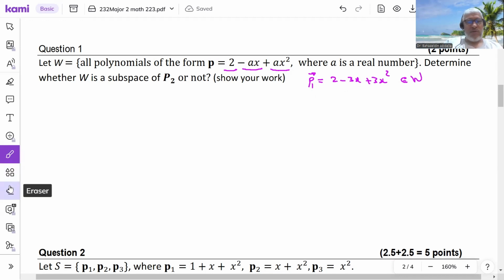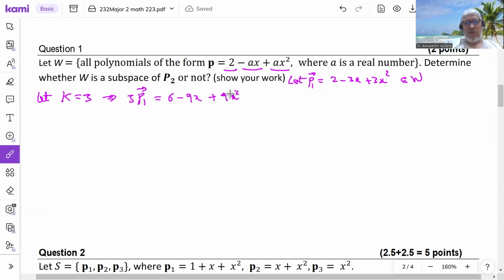Okay. So you can say let P1 equal this, and it is in W, and let k equal 3, for example. Then 3P1 would be equal to 6 minus 9x plus 9x squared.